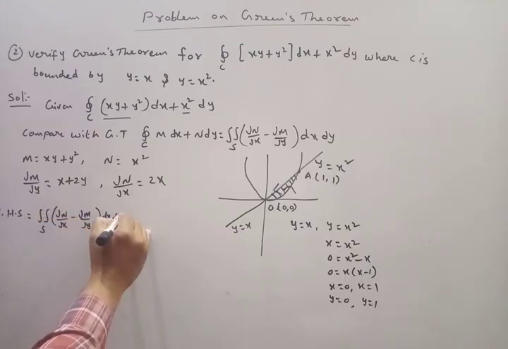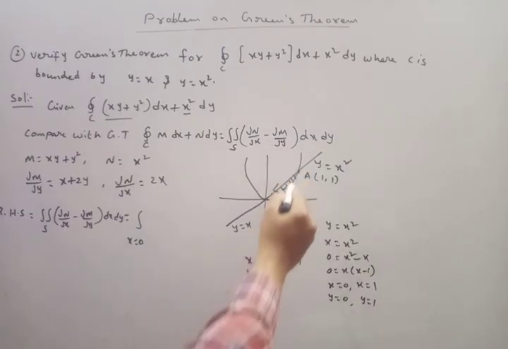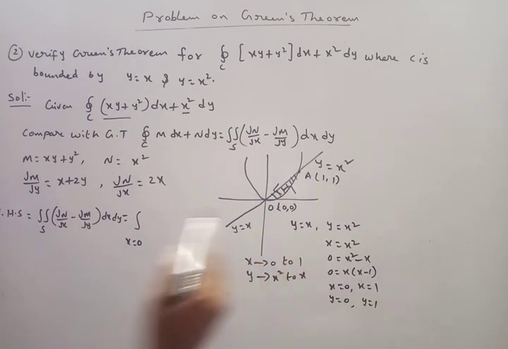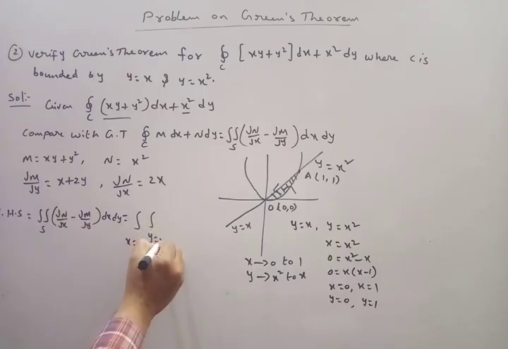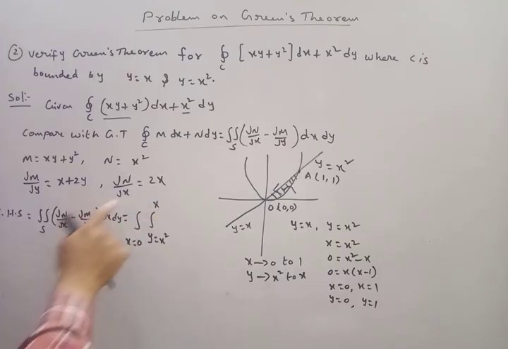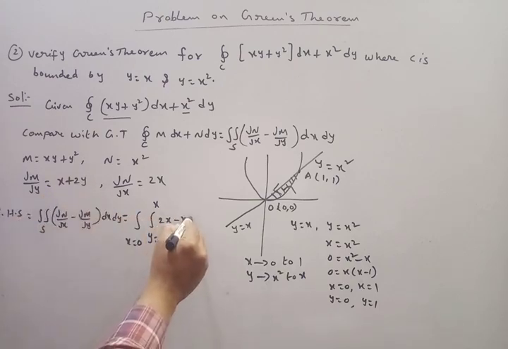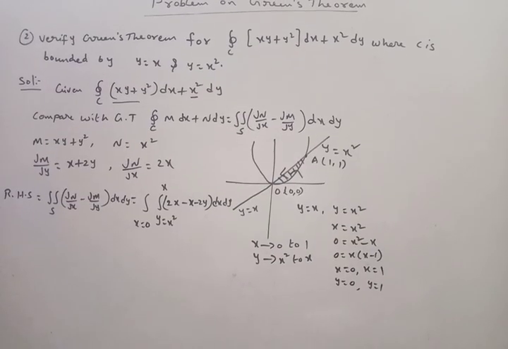Here x varies from 0 to 1, and y varies from x square to x, since we go first along the curve and then come back from A to O along the straight line. Dou n by dou x is 2x, minus dou m by dou y, that means minus (x plus 2y), into dx dy. Clear? One second, let me get it down.